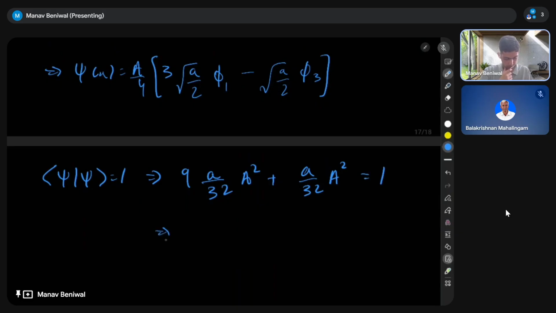So this implies that 10a squared by 32 is 1, and this implies that a is under root 32 by 10.